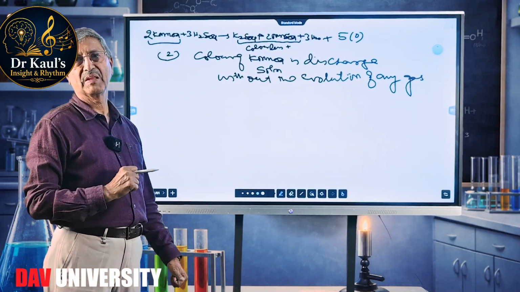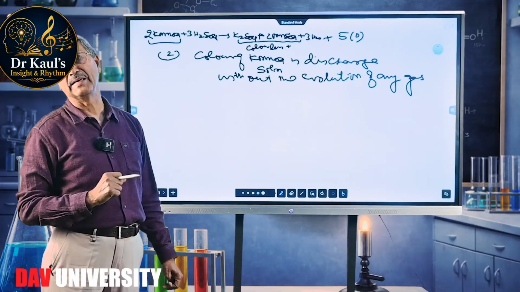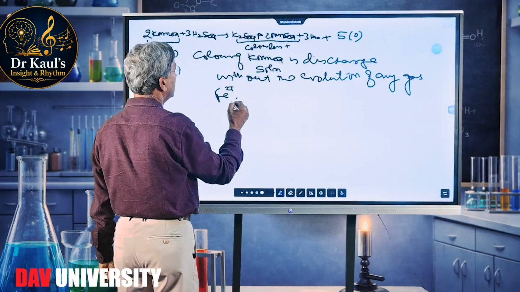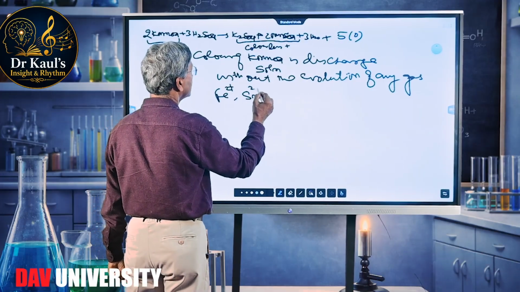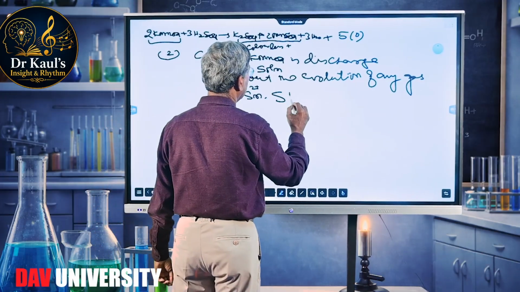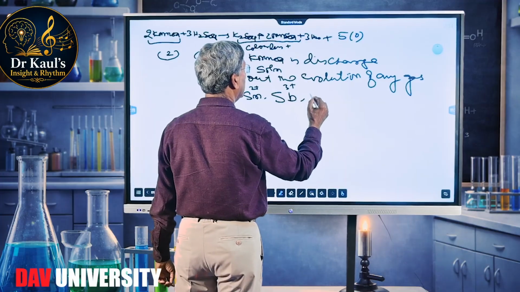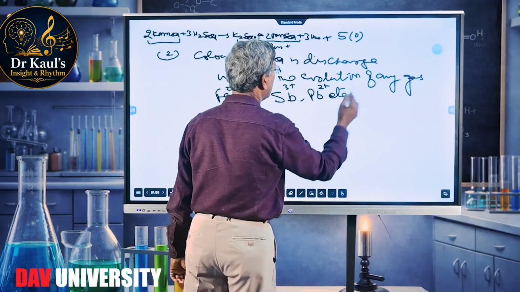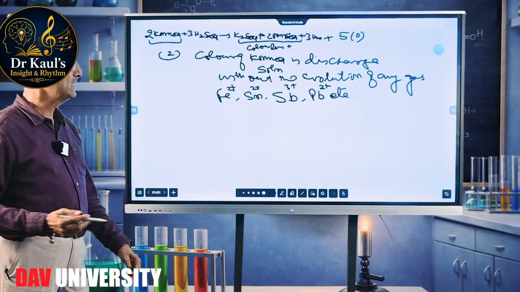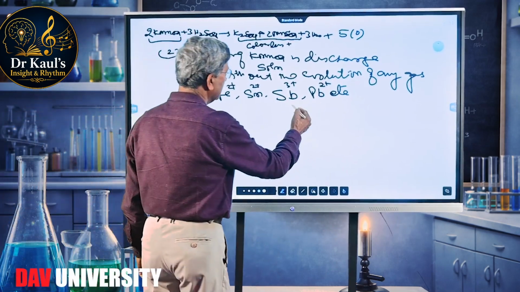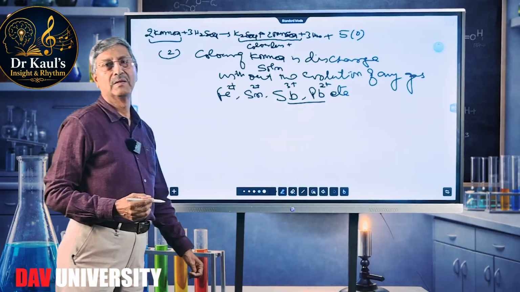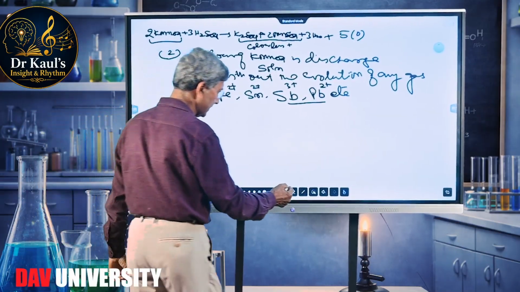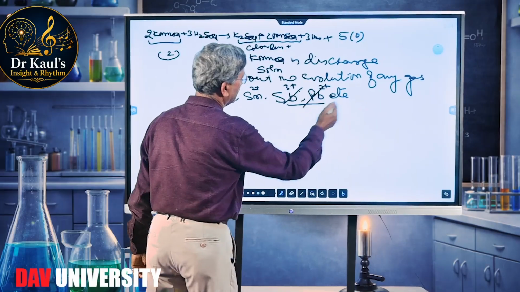This is the situation in which we have oxidizable cations. You see, these cations could be ferrous, it could be stannous, it could be even antimony, it could be lead, etc. So these are oxidizable cations, but usually in these cases the discharge of the color of the KMnO₄ is very slow, so that's why we generally don't consider these reactions here.